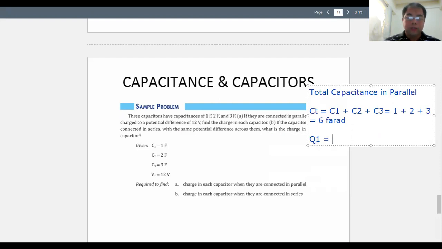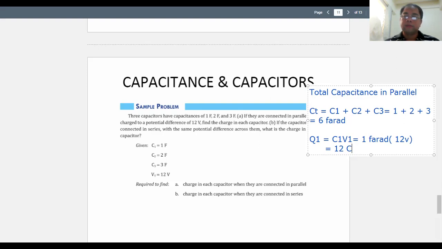We solve Q sub 1 by multiplying C1 and V1. And again, if they're in parallel, the voltages are simply equivalent. So this equals 1 farad times 12 volts, so your Q sub 1 is, of course, 12 coulomb.